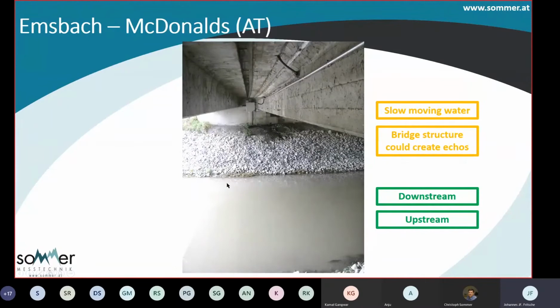So the very slow velocity, and maybe also the structure of the bridge, are problematic at this site. But looking downstream or upstream are both considered for this site. So go that way.